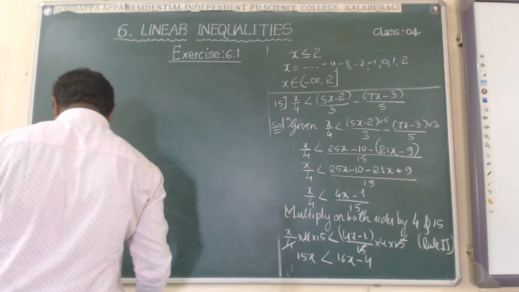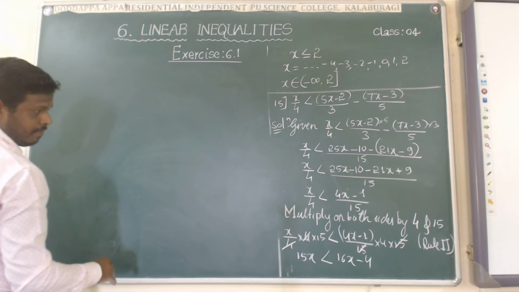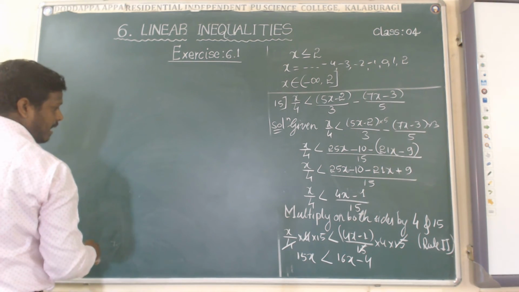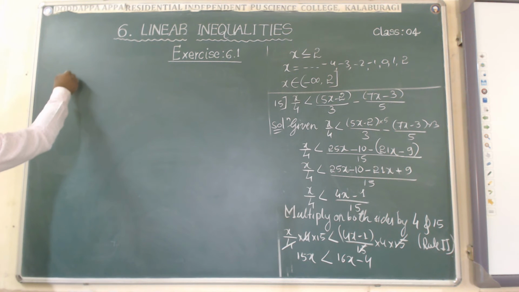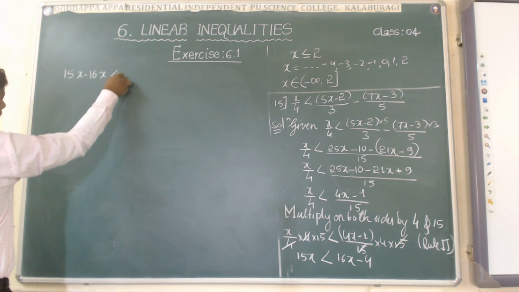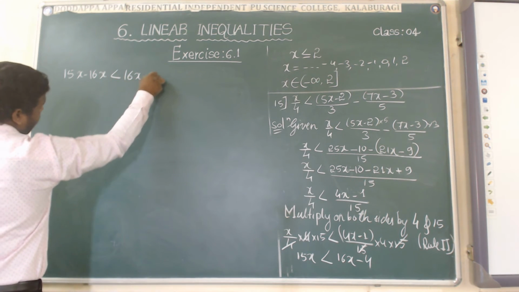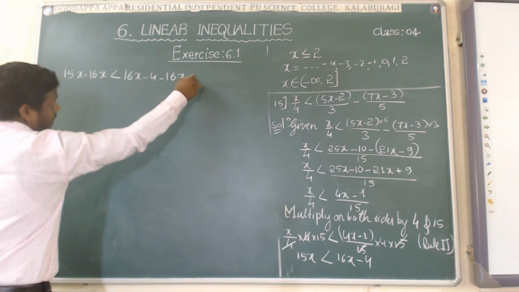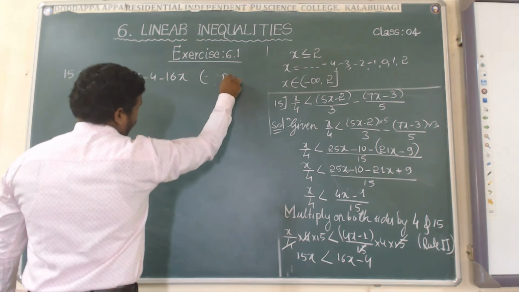Next step, I am subtracting both sides by 16x. 15x minus 16x is less than 16x minus 4 minus 16x, because of rule first one.